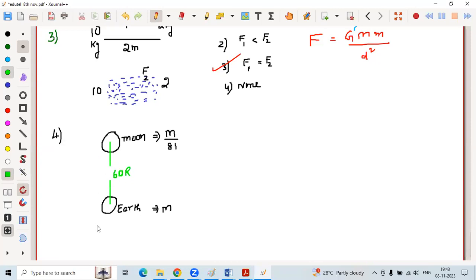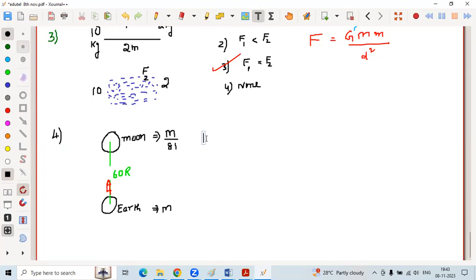Okay, observe carefully. What they are doing, they are launching a rocket from earth to moon. A rocket goes from here like this. Find the location from the center of the moon where gravitational field intensity is 0.